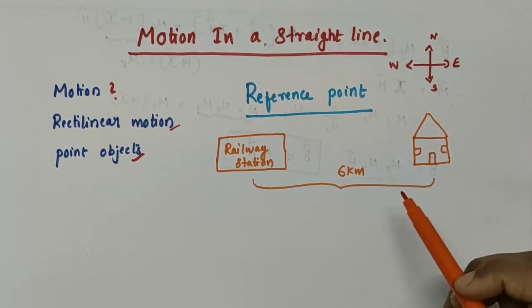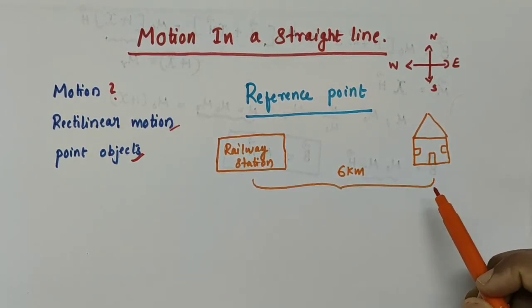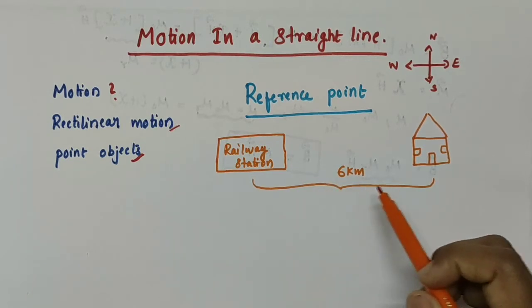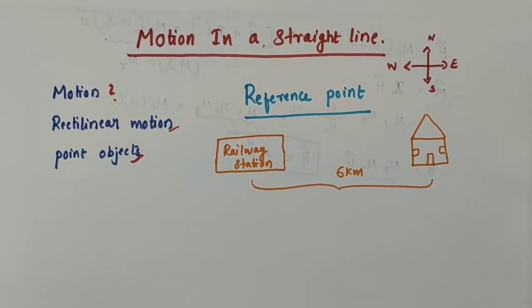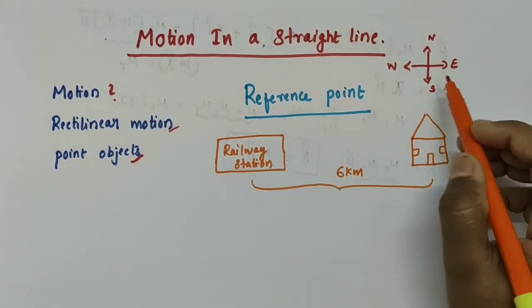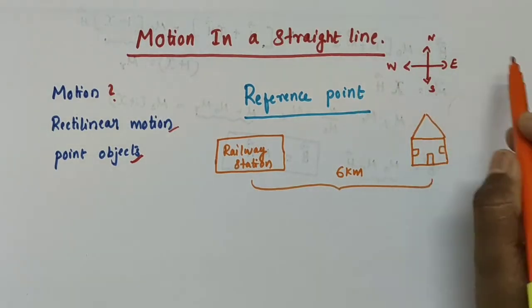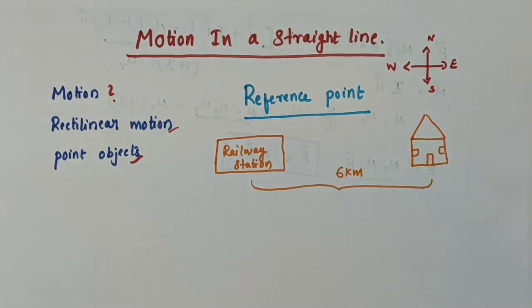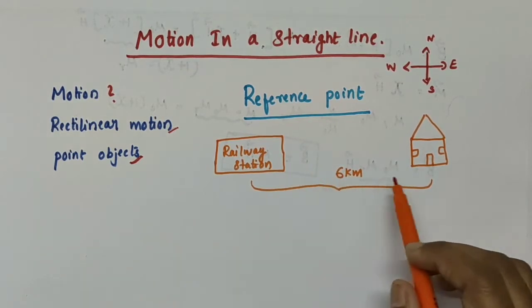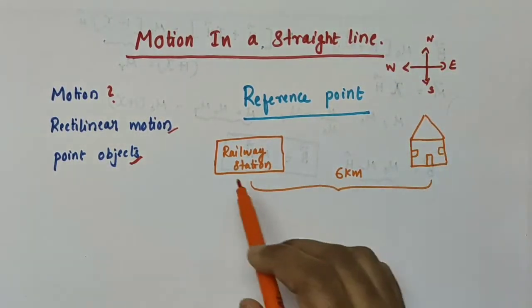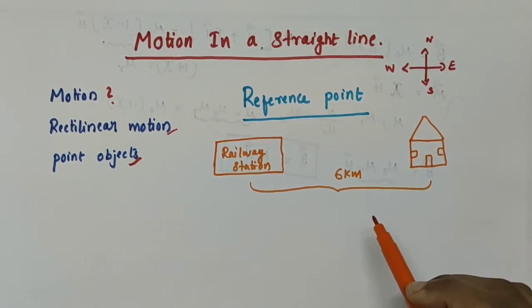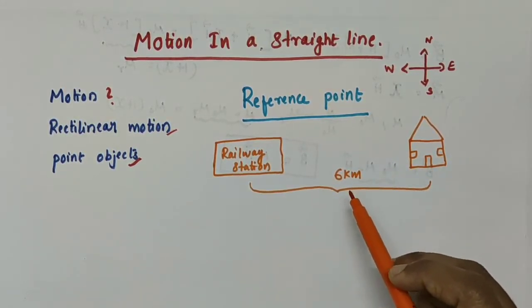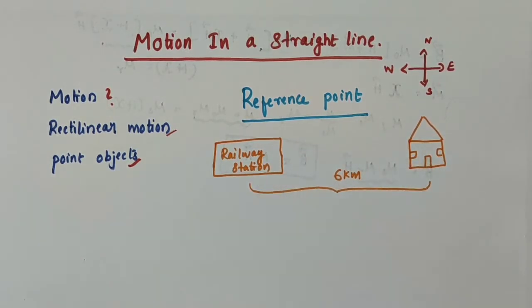So here you can locate your house by saying that your house is 6 kilometers east of the railway station. Because we usually use such directions, not this side, right side, but east, west, north, south. So by using these directions, you can locate your house by saying that your house is 6 kilometers east of the railway station.